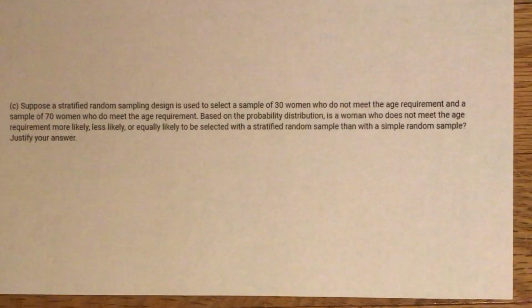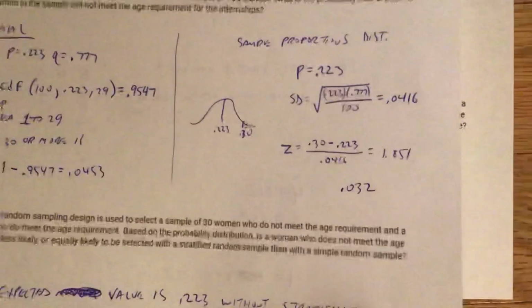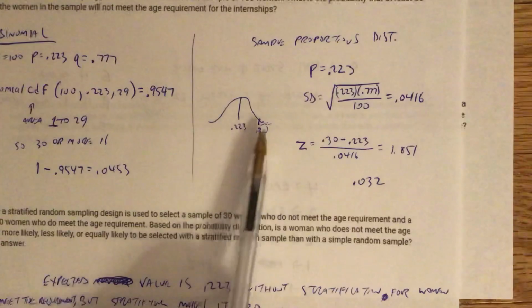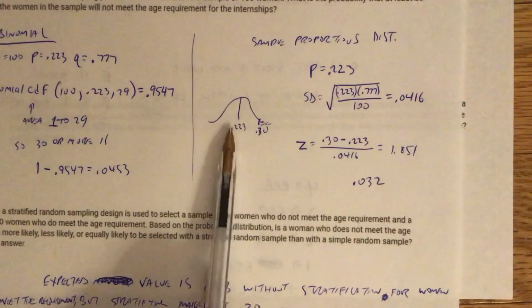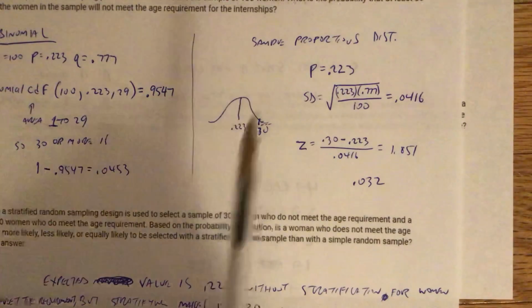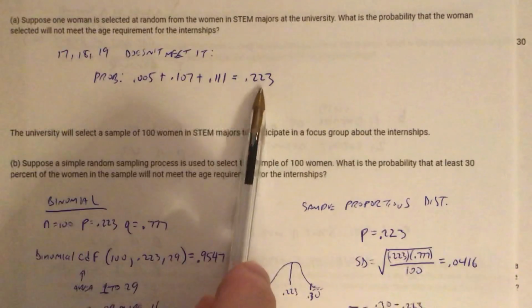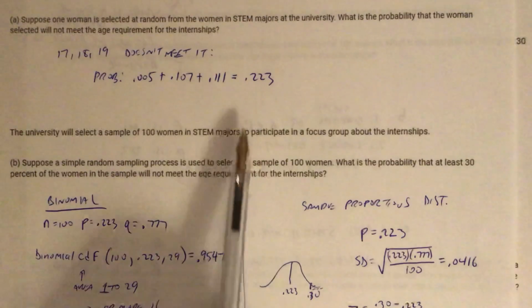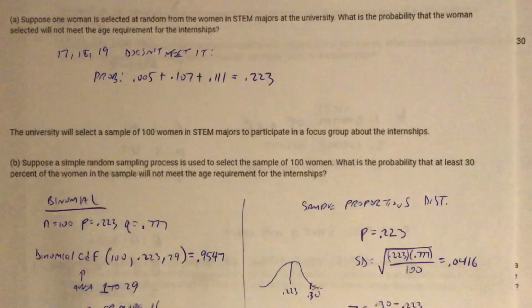So remember, stratifying forces the proportions, and what we saw from this right here is the sampling distribution. Most of the time, you should be getting this kind of sample. We saw from up here that the population proportion was 0.223. So this is what we expect. If we pulled 100 people, we'd expect to get 22.3 of them roughly to meet it.